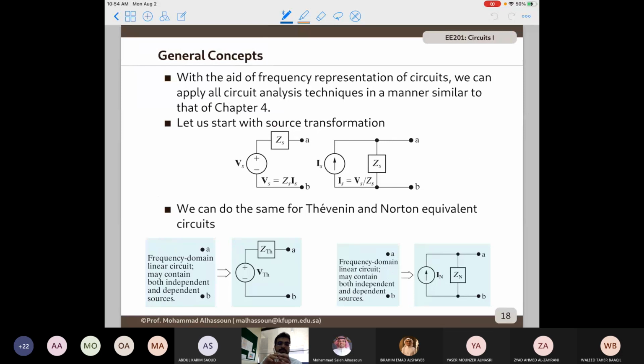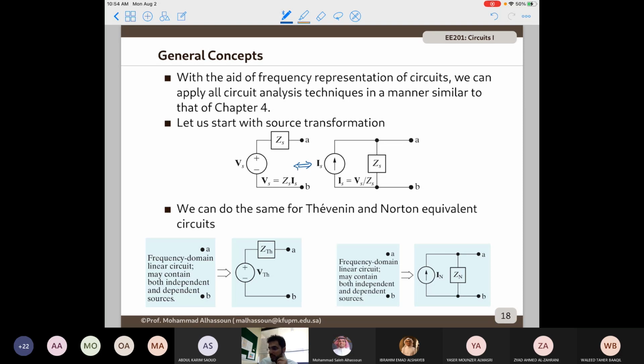Now we are armed with the frequency domain representation of the circuits, and we know how to manipulate complex numbers, so we can actually apply source transformation. If we have a voltage source in series with an impedance, then this voltage source can be transformed into a current source in parallel with an impedance.